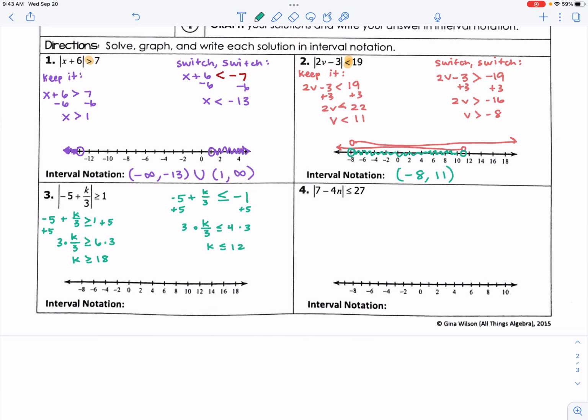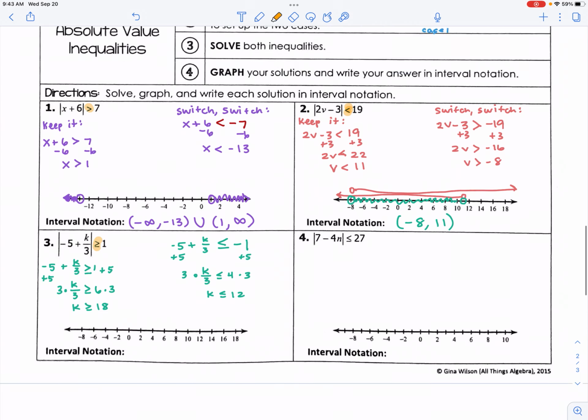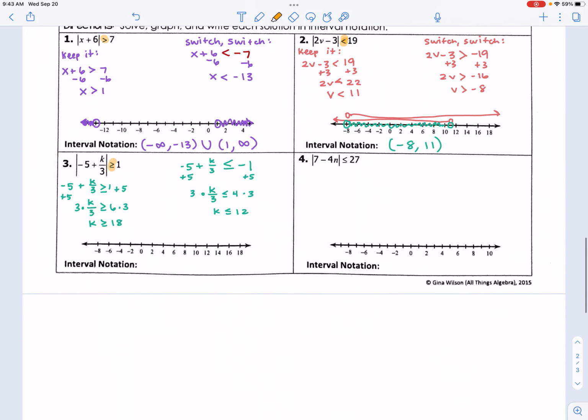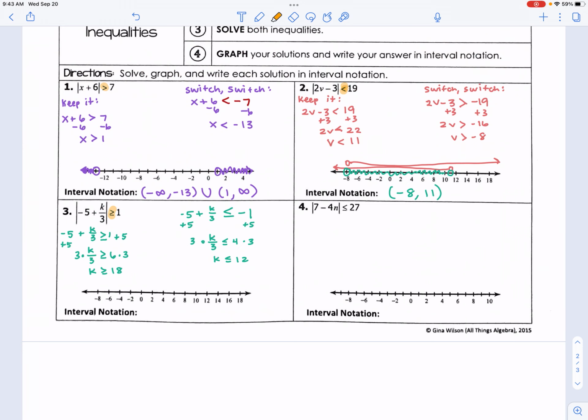And again, if we look at our inequality, that is greater than or equal to, which means it should be an or statement. So that should look like number 1, where they go in opposite directions. So k's must be greater than or equal to 18. So we include the 18 and go to the right.